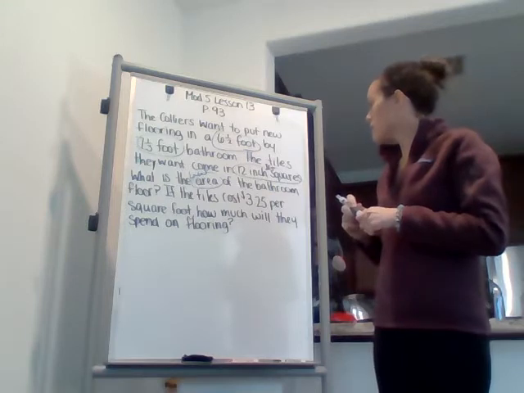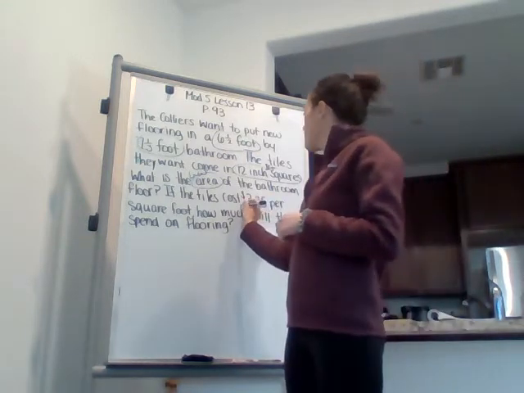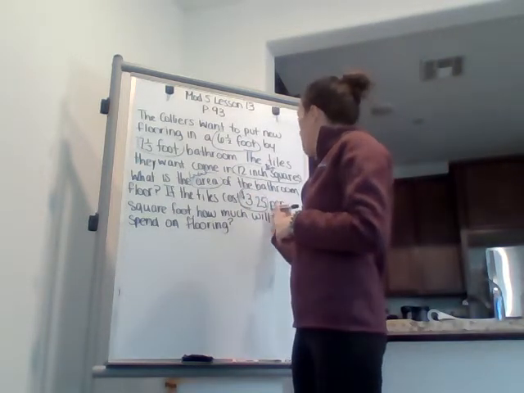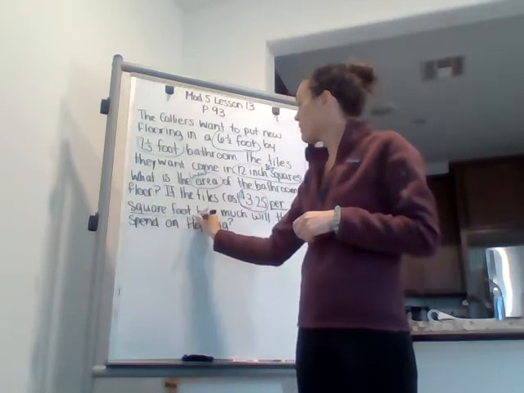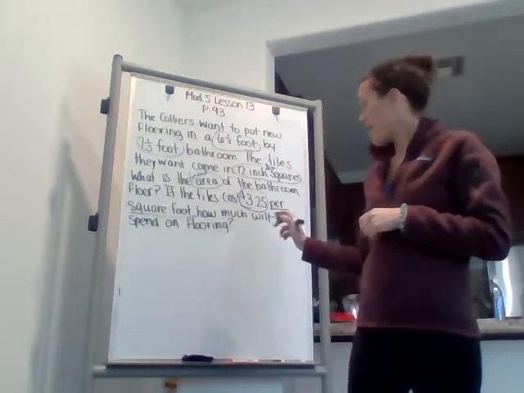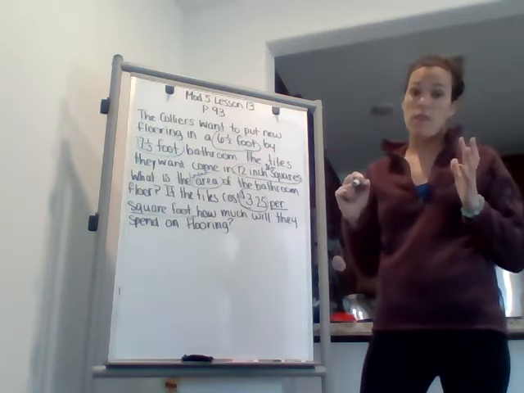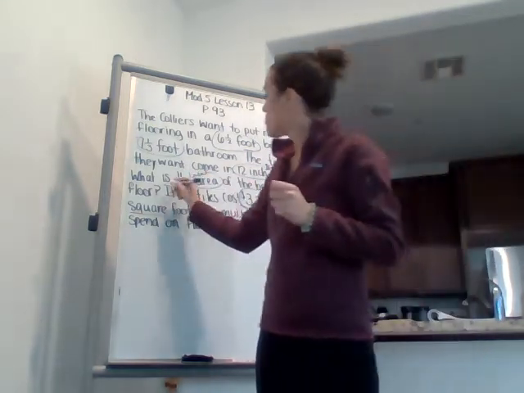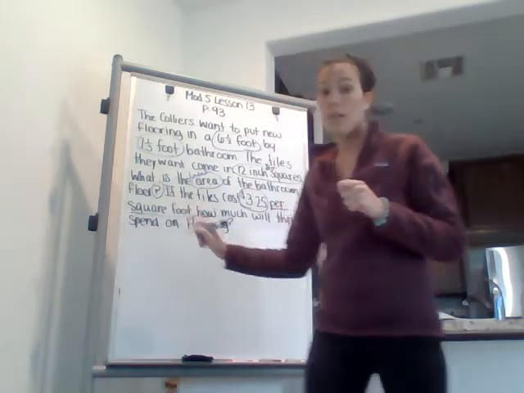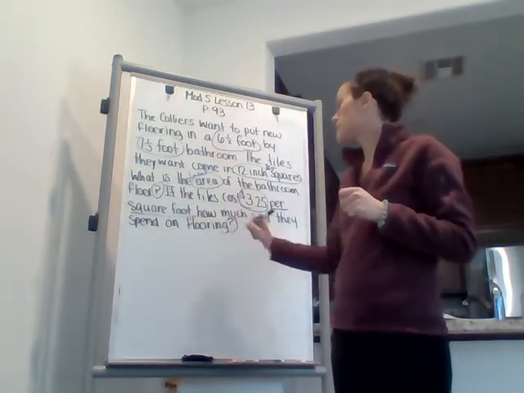If the tiles cost $3.25 per square foot, how much will they spend on flooring? So now I'm realizing that we have not just one, but 2 questions to answer.